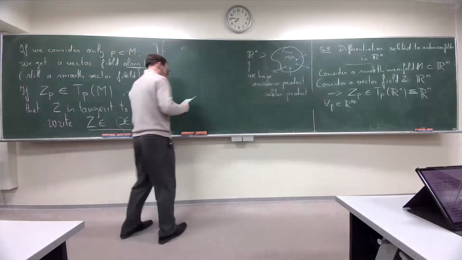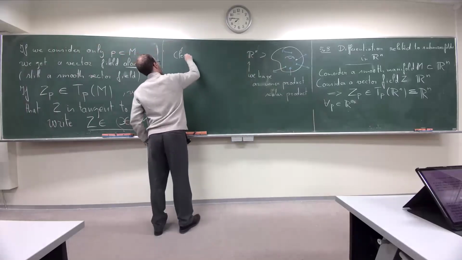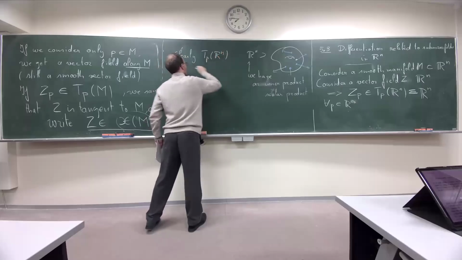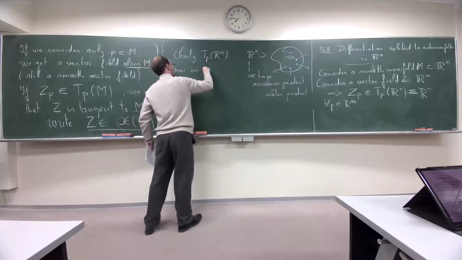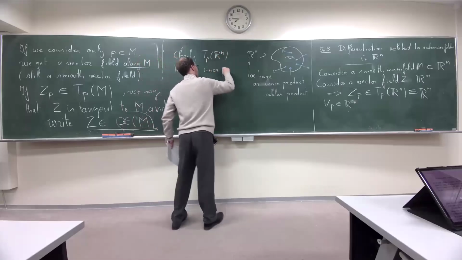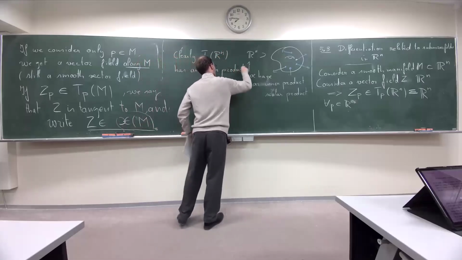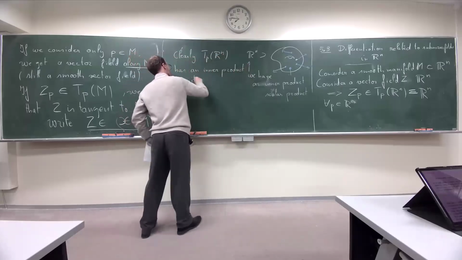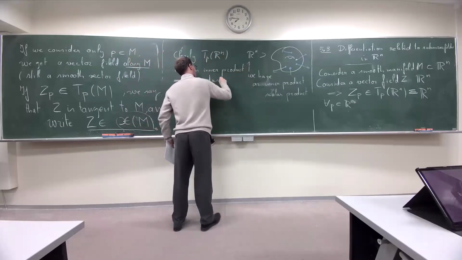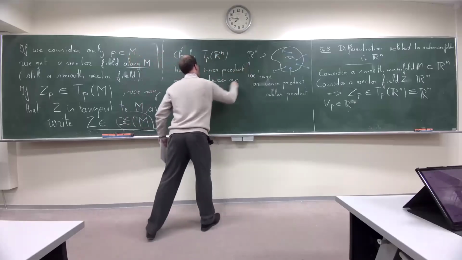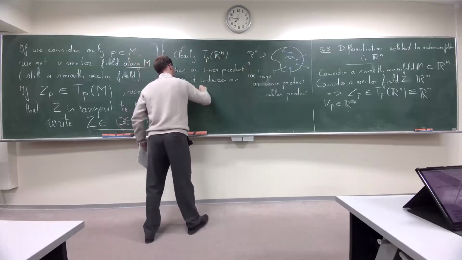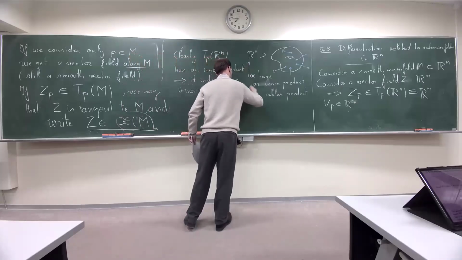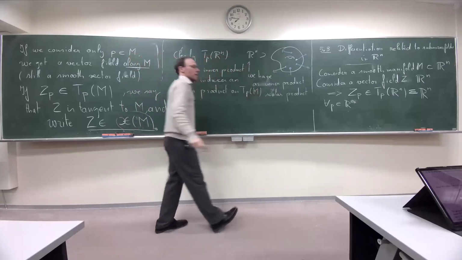So clearly, the tangent space Tp of Rn has an inner product. But it induces an inner product on the tangent space Tp of M.